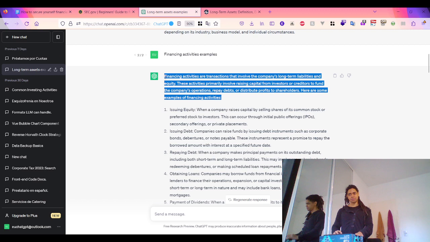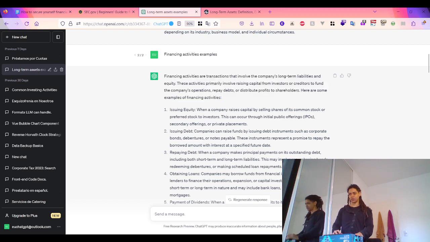This is something important. This is the core of financing activity: a transaction that involves the company's long-term liabilities and equity.